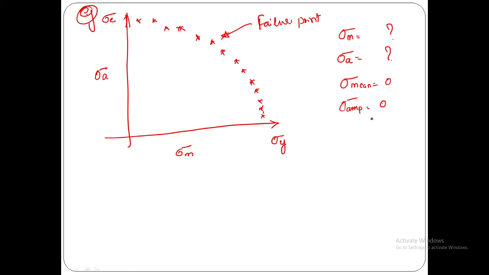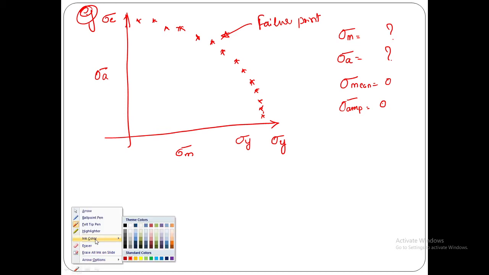So now this is a general diagram which has been plotted in accordance with the amplitude stress as well as the mean stress. This experiment is conducted on different types of materials. The materials may be of a ductile nature or of a brittle nature.